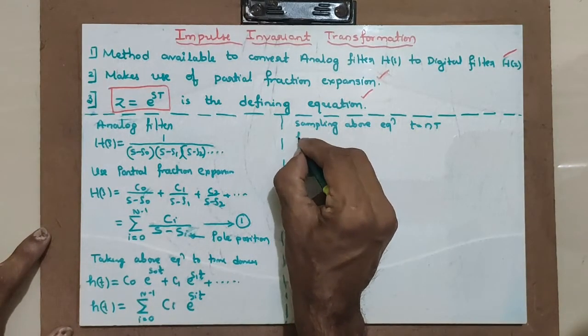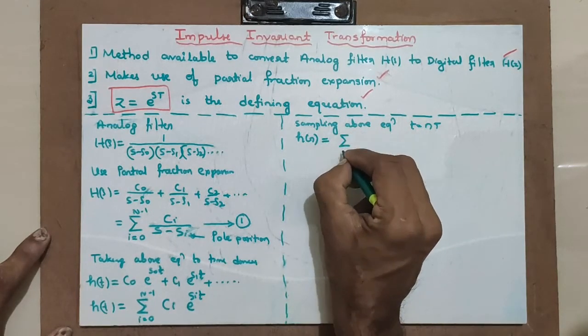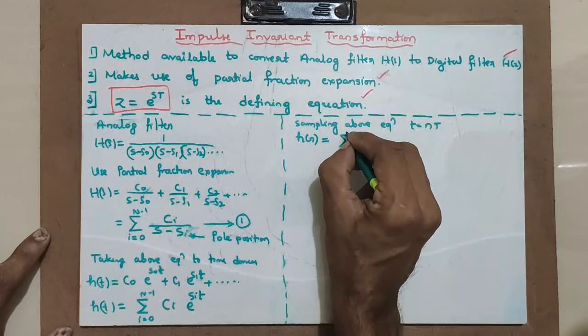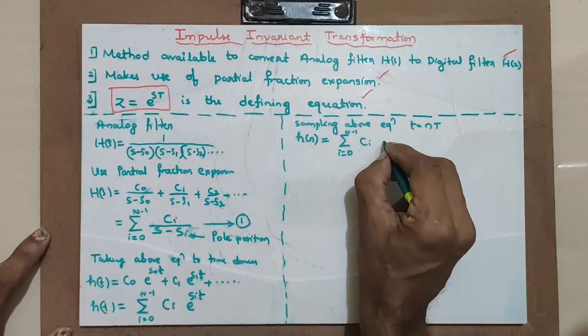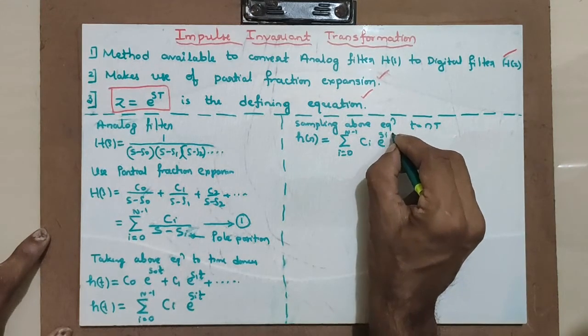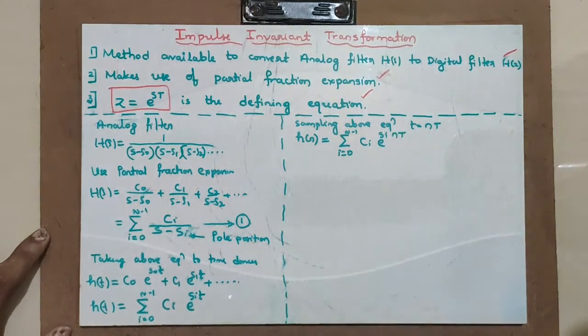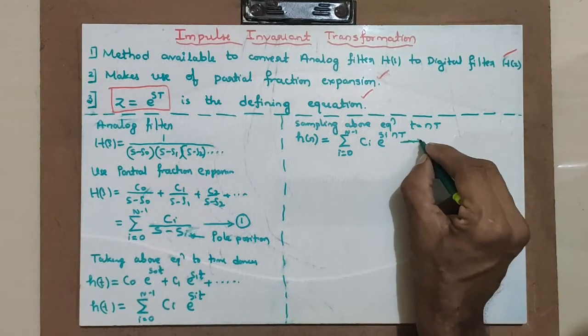It becomes digital. h of n is equal to summation i is equal to 0 to n minus 1 Ci e raised to Si nT, instead of t I will put nT. That's all. This became h of n. Now let me take this as equation 2.